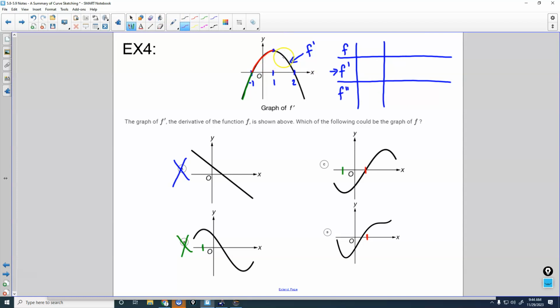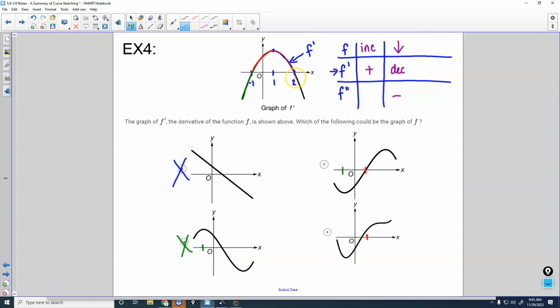All right, so I've got this piece right here. My derivative is positive but decreasing. So that tells me that I should still be increasing, and this will be negative, that'll be concave down.